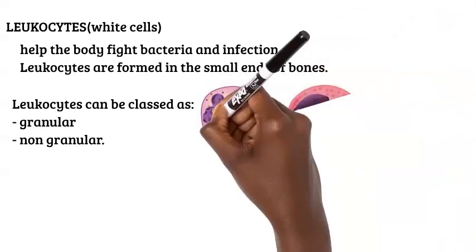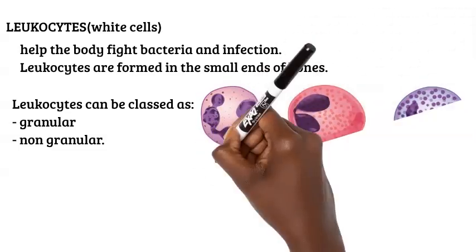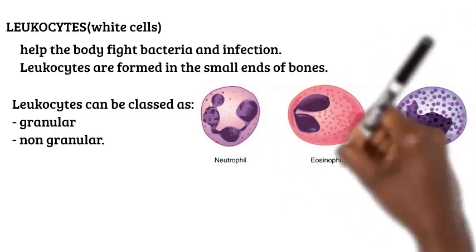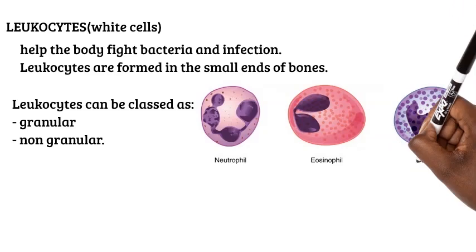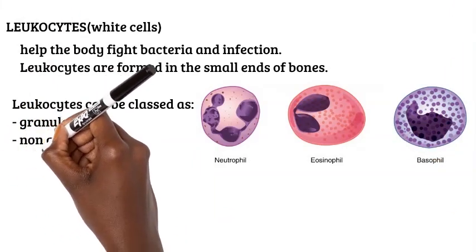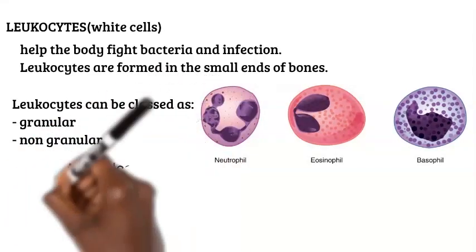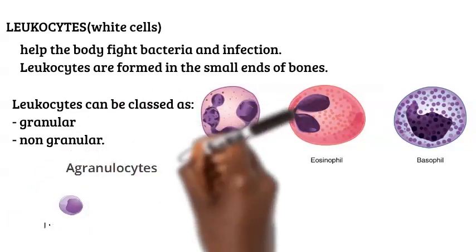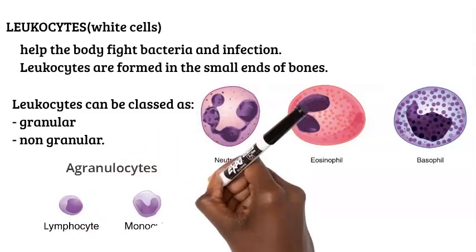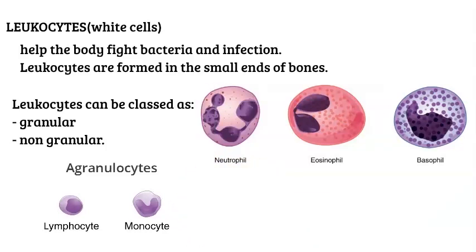There are three types of granular leukocytes: the eosinophils, neutrophils, and basophils. There are also three types of agranular leukocytes: the monocytes, the T cell lymphocytes, and the B cell lymphocytes.